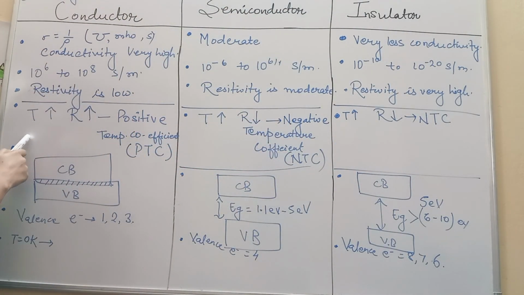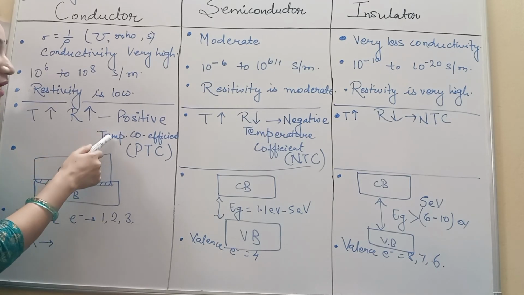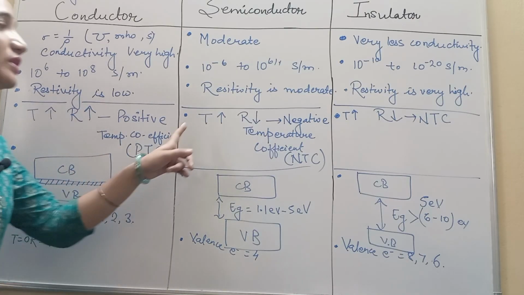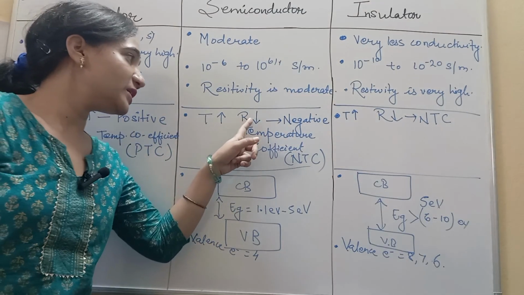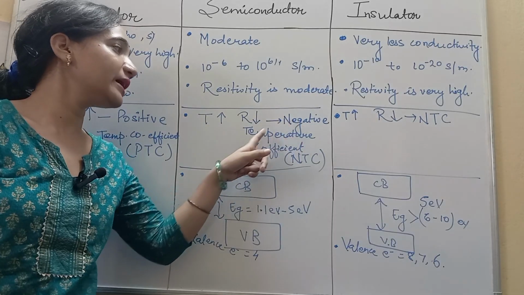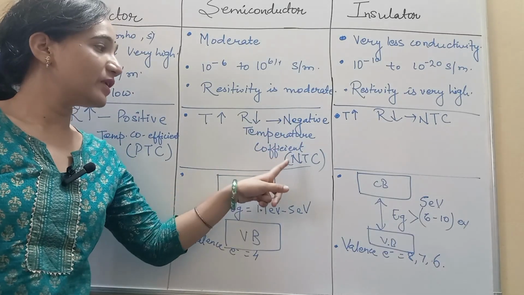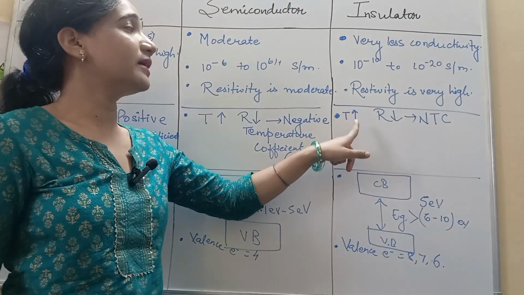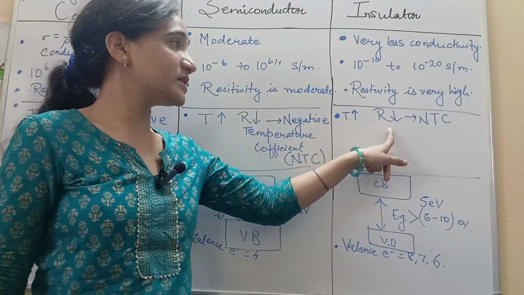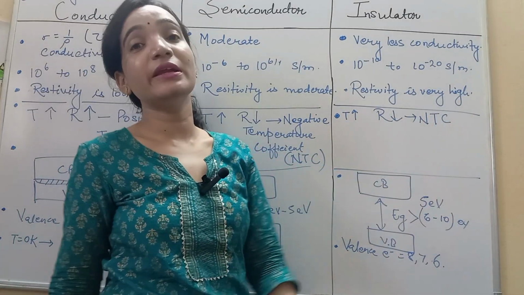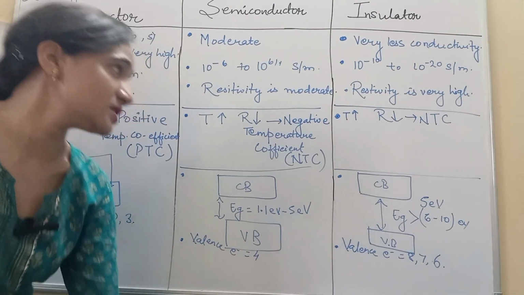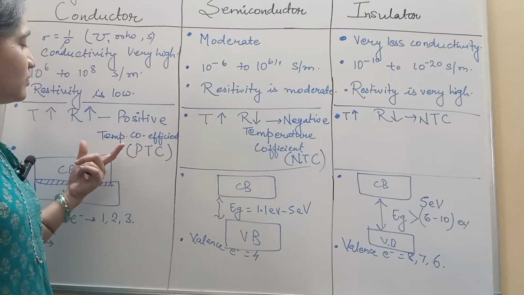With the increase in the temperature, when the resistance is increasing, it is called positive temperature coefficient, or PTC. With the increase in the temperature, if the resistance is decreasing, it is called negative temperature coefficient, or NTC. For the insulator, with the increase in the temperature, the resistance is decreasing. It is also called negative temperature coefficient.